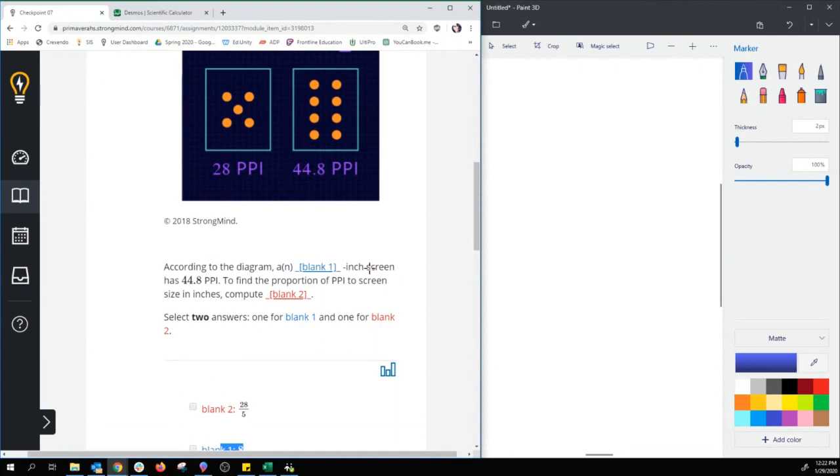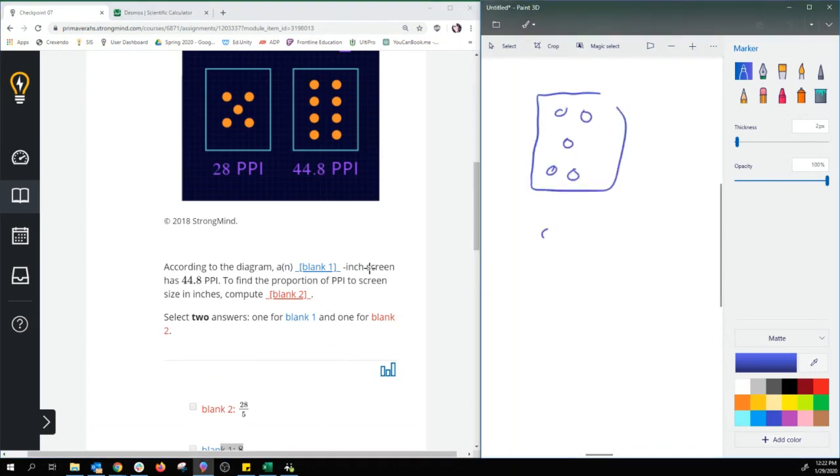When you're looking at diagrams like this, it's kind of the same thought process as with tables. So let me kind of redraw this. So here I have my box that has 1, 2, 3, 4, 5 dots, and then underneath I have my 28 PPI, right? So if this were to be a table, I would have X on top and Y on bottom.